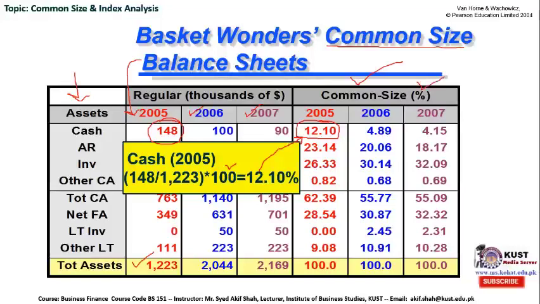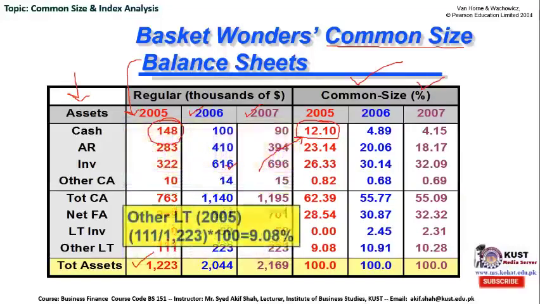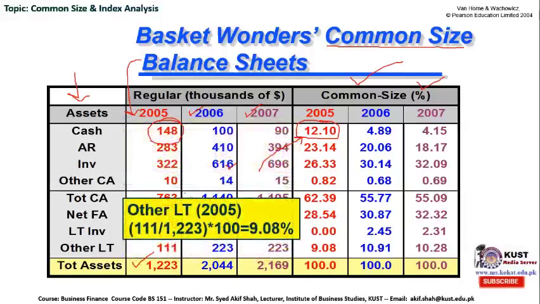The percentage sign is not shown because we have already narrated it at the top of the 3 columns. Now let us discuss how the long-term assets of 2005 are calculated. Other long-term assets: for year 2005, once again we divide the other long-term assets, which are 111, by the total asset amount, and we get the relevant percentage, which is 9.08.